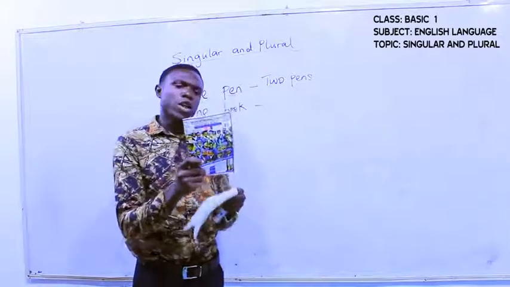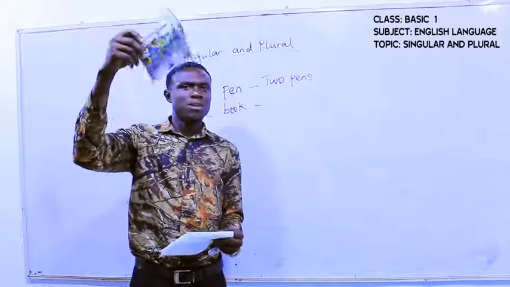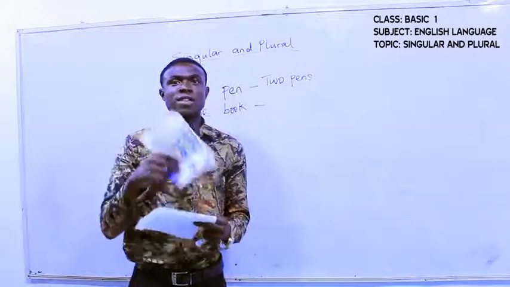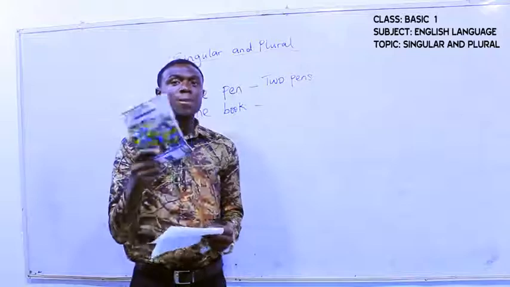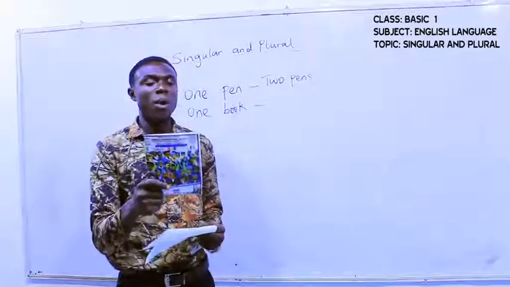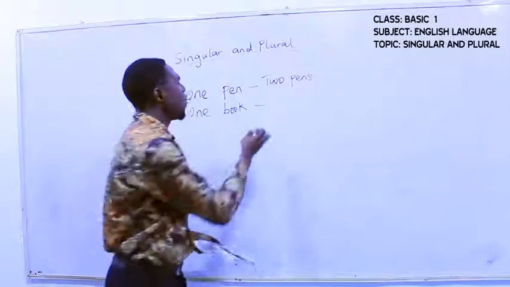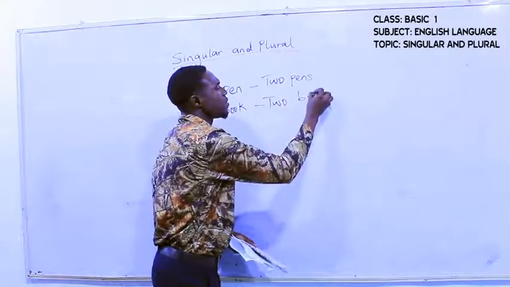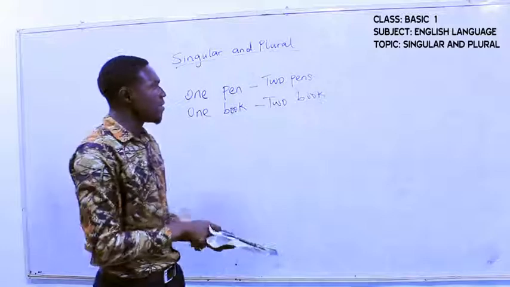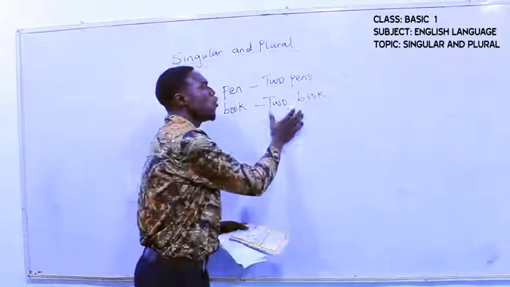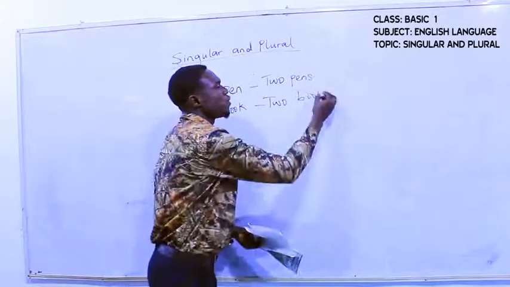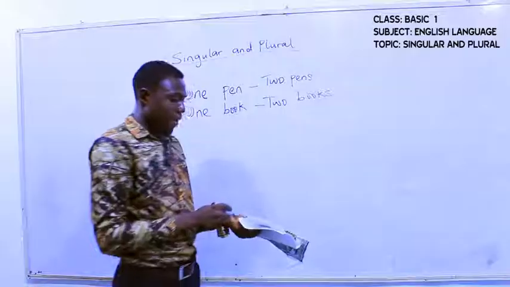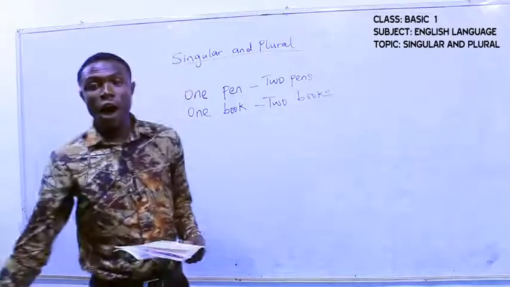That means this one book stands for singular. But when there are two books, it becomes plural. So we say two books.